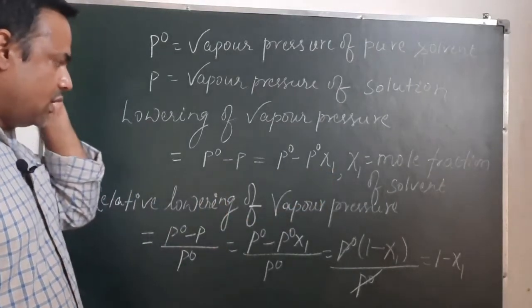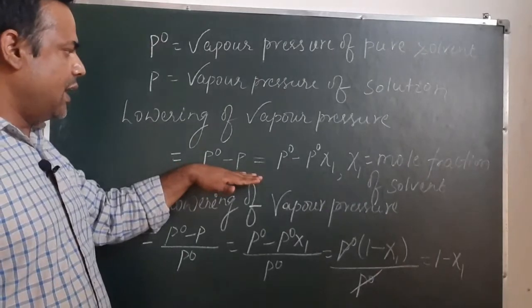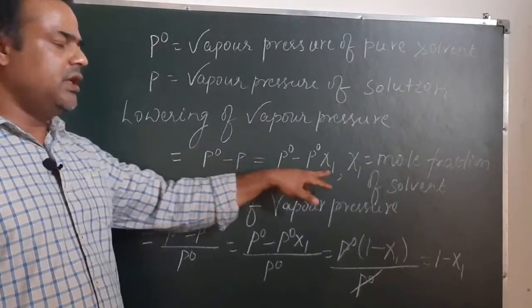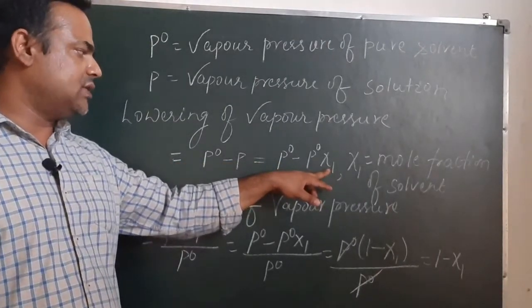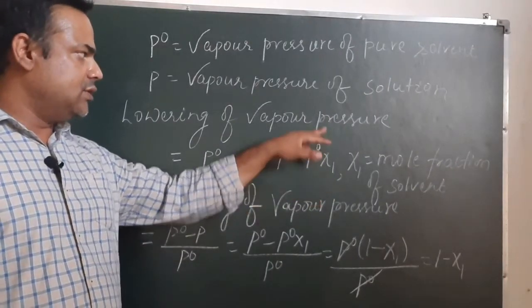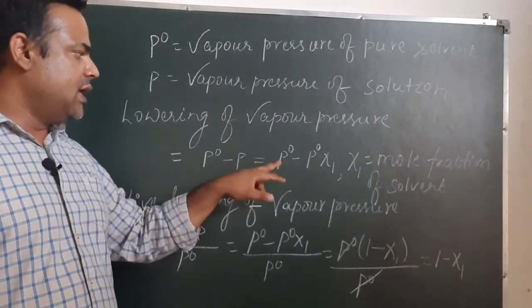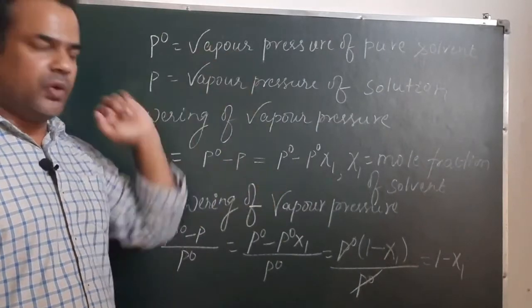So the vapor pressure P can be given as P naught into chi1. Chi1 is the mole fraction of solvent in solution and P naught is the vapor pressure in its pure state.